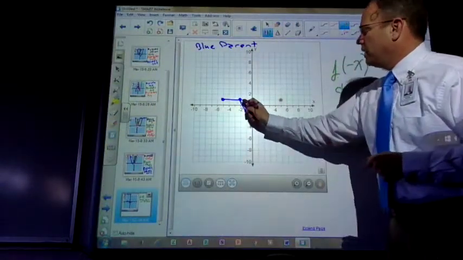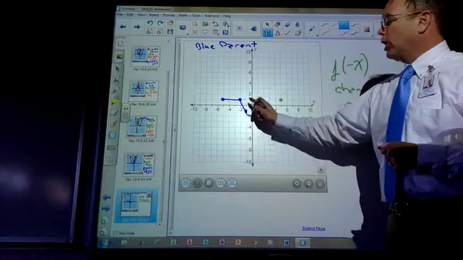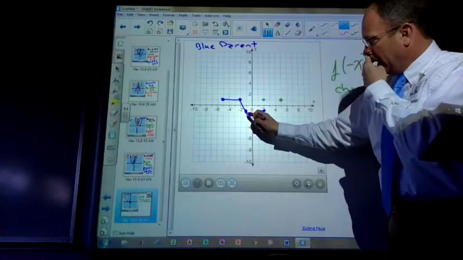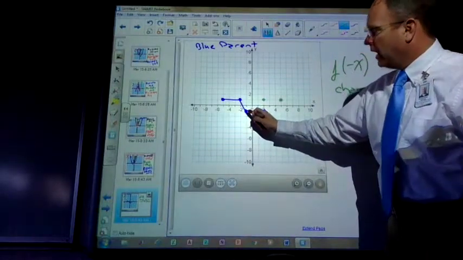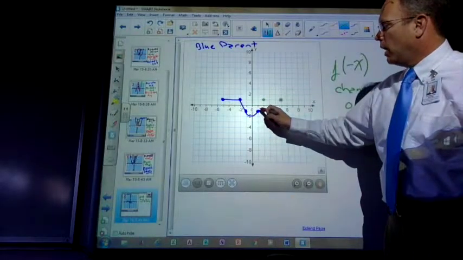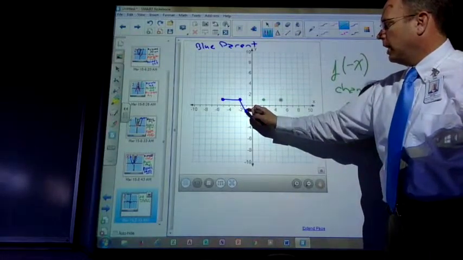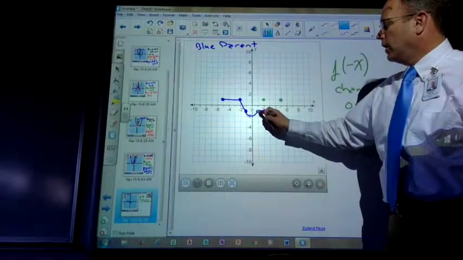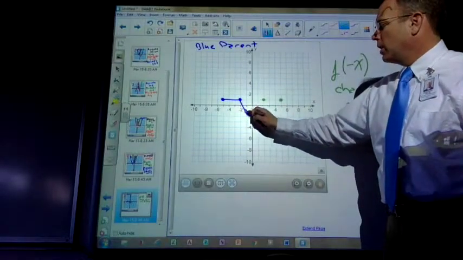Okay, this point is negative 2, 1. What does it change to? 2, 1. There we go. Okay, this point here is negative 1, negative 1, and it becomes 1, negative 1. And then this one switches to here. What does this one do?